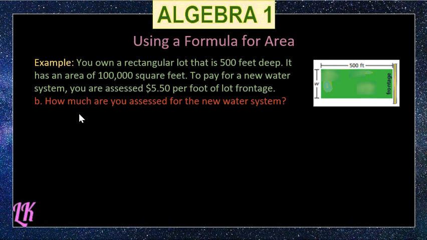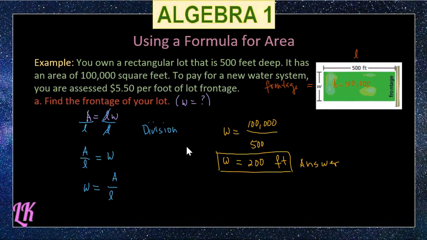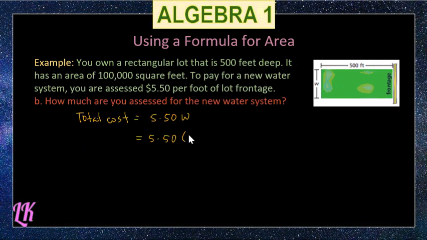So the total cost should be $5.50 multiplied by the frontage, which is W. So this will now give us 5.50 times the frontage that we obtained before, which is 200.